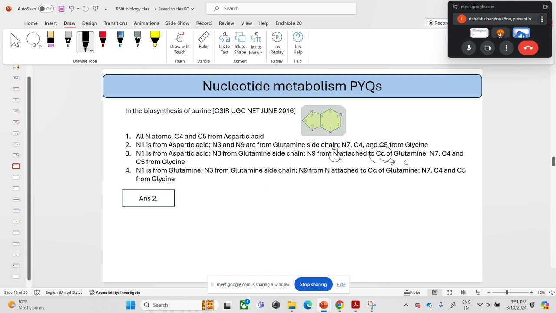So it is the nitrogen in the amine group of the glutamine. Is it now clear what this means? Yes, sir. Is the confusion sorted out now, or do you need more explanation?